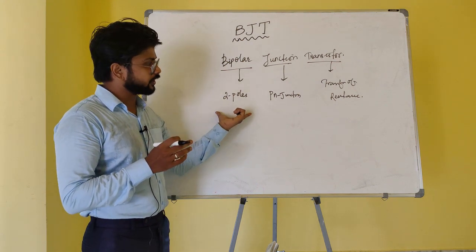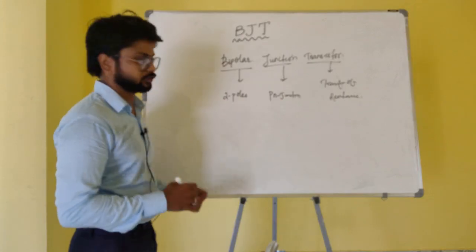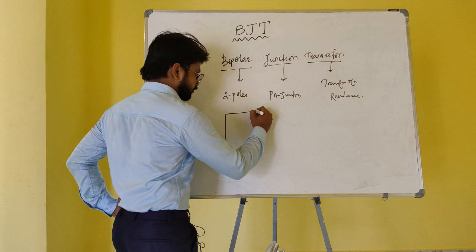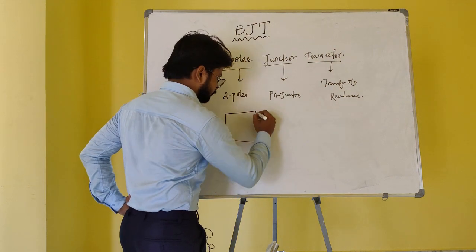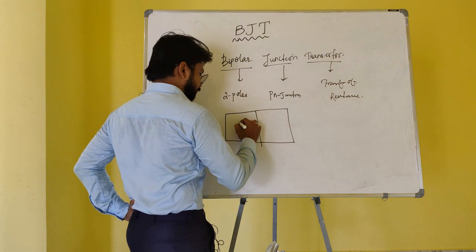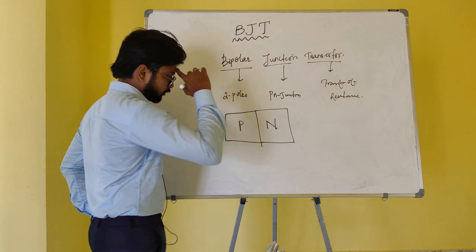Now we are going to realize a transistor by making use of two p-n junctions. So this is a p-n junction, that is, a p-type semiconductor fabricated with an n-type semiconductor.